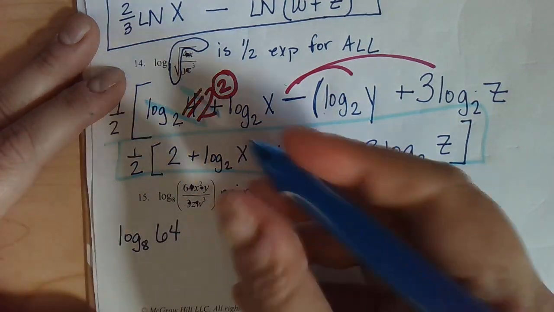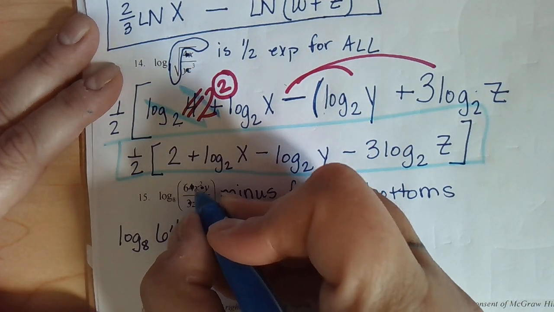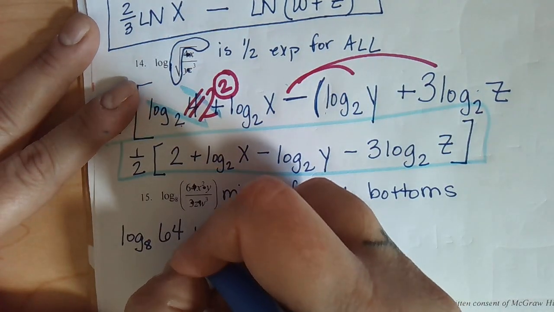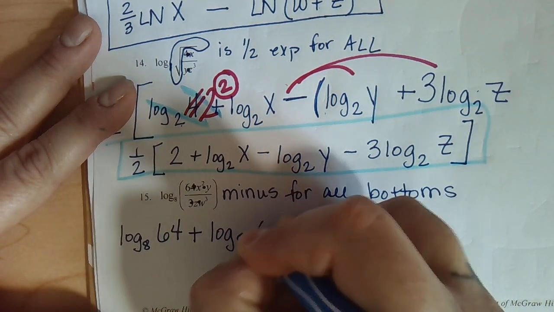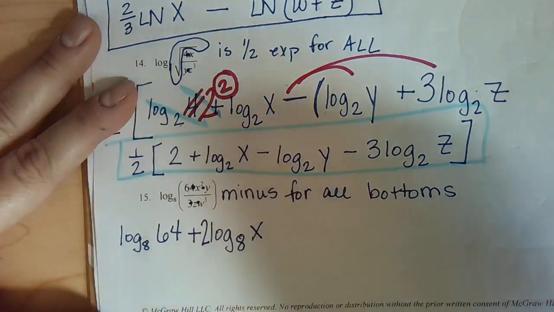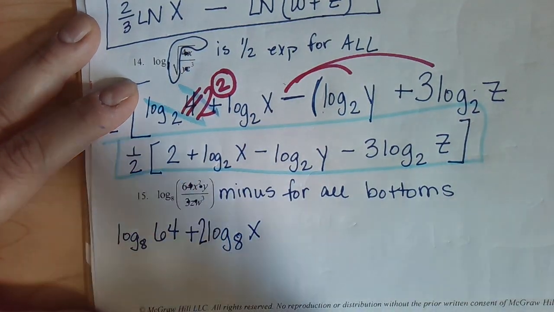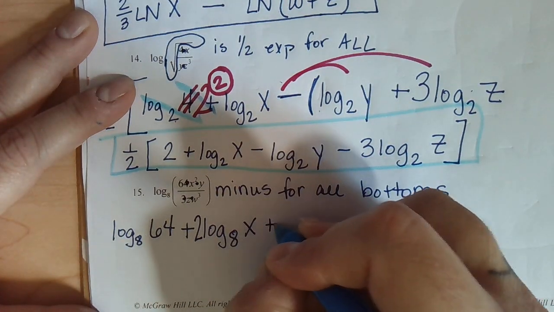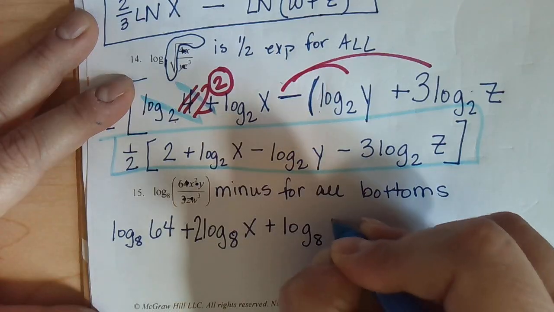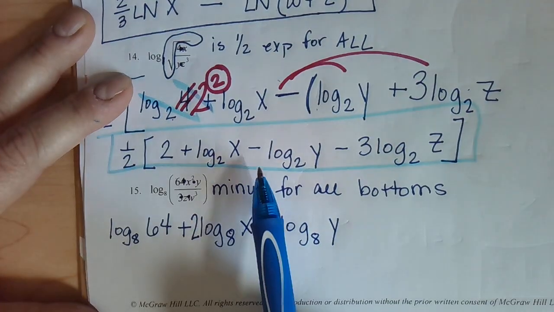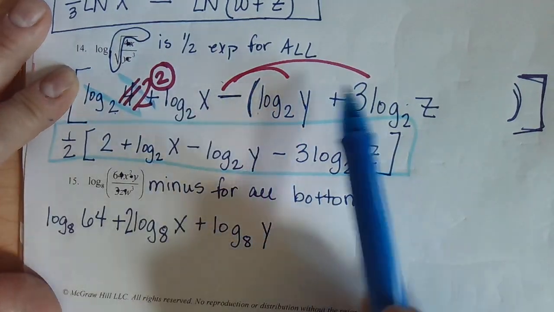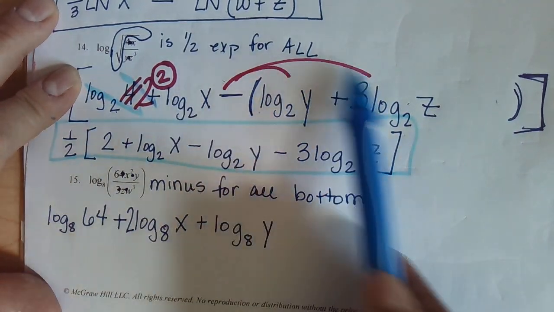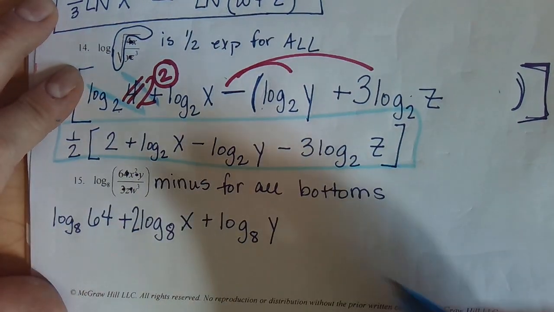So log 8, 64. Then the 64 and the x squared have a multiply, so that goes to a plus. Then log 8x, but there's a big fat 2 in the front because that x had a square. Then we have plus log 8y. And then now let's go ahead and minus everything from the bottom. And instead of writing minus open parentheses and then distributing, we're just going to minus everything from the bottom.